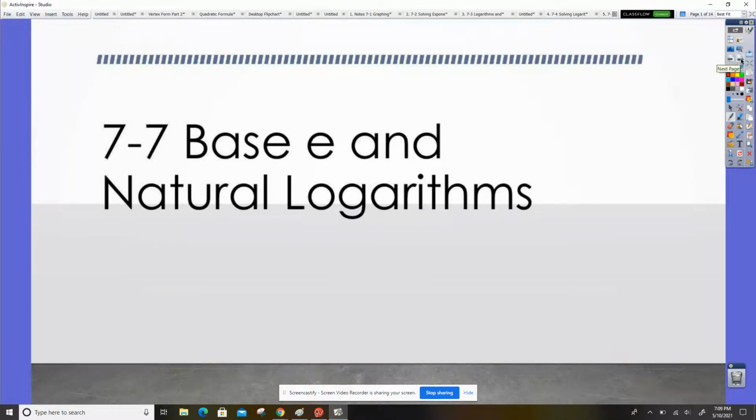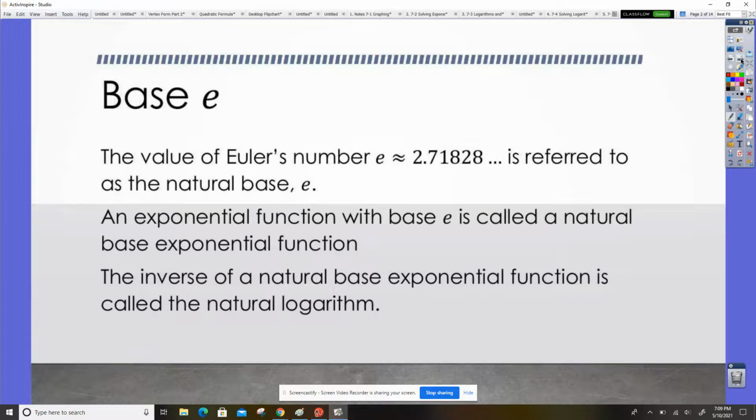So what is E exactly? The value of Euler's number, E, is approximately 2.71828, etc., and it is referred to as the natural base E. An exponential function with base E is called a natural base exponential function.